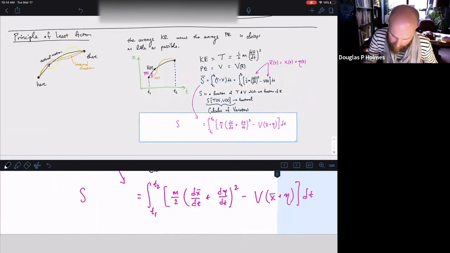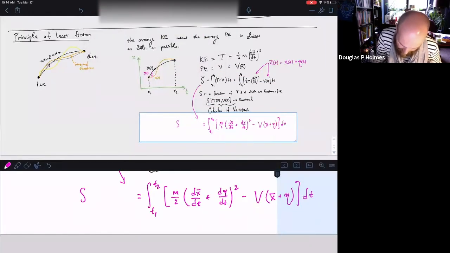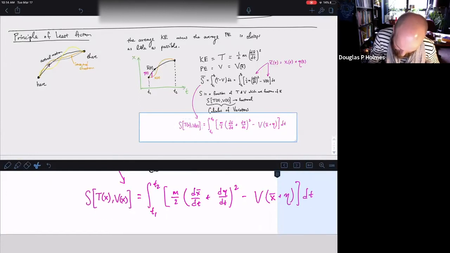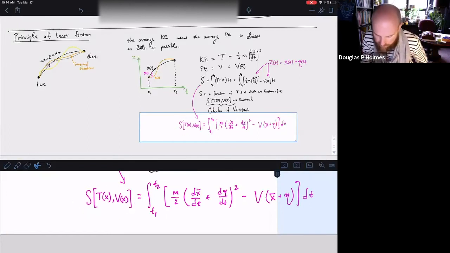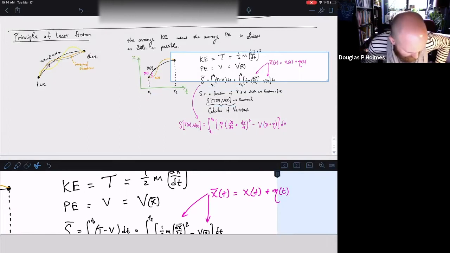So now I come back down here and I can say that what I'm looking for is S of t of x and v of x, and I have replaced x with, where did that go? Oh yeah. X, what did I do? That seems like I did it wrong too, doesn't it?